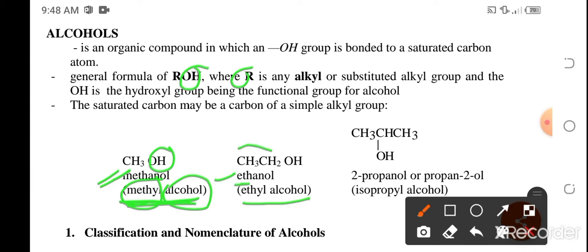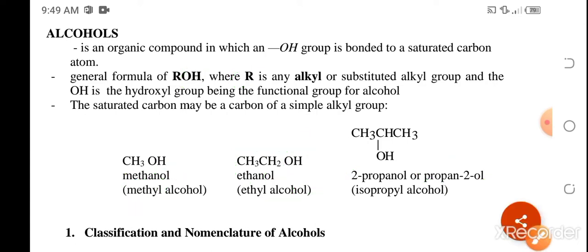Eth still denotes that there are two carbon atoms in that alkyl group, and the suffix ol at the last part of the IUPAC name denotes the presence of the functional group hydroxyl. We also have 2-propanol, or propan-2-ol, and the common name is isopropyl alcohol.